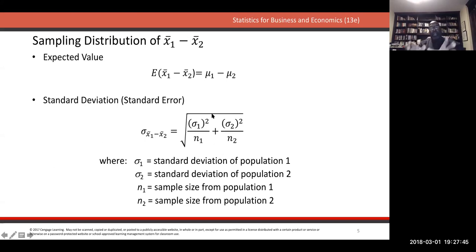Now, you recall that the confidence interval has the following form. It has a point estimate, it has a critical value like a Z or T, and it has a standard error. The standard error for the difference between two sample means, if we know the population standard deviations, is the square root of sigma 1 squared over n1 plus sigma 2 squared over n2.